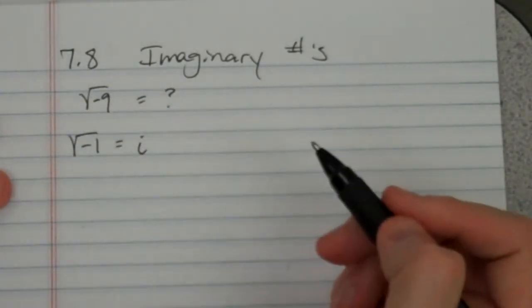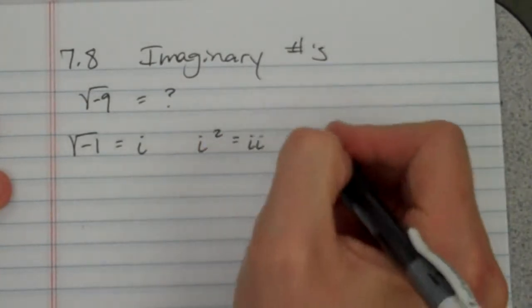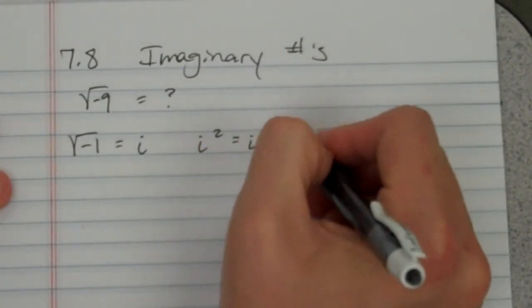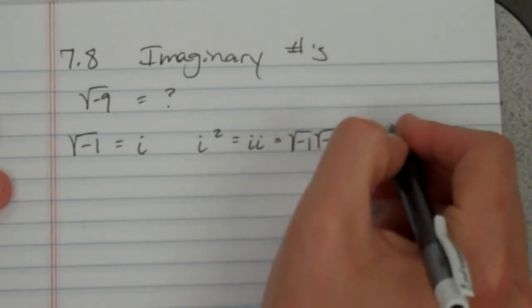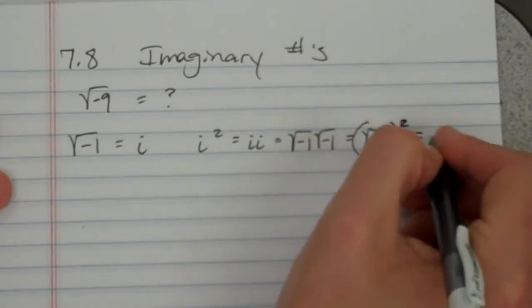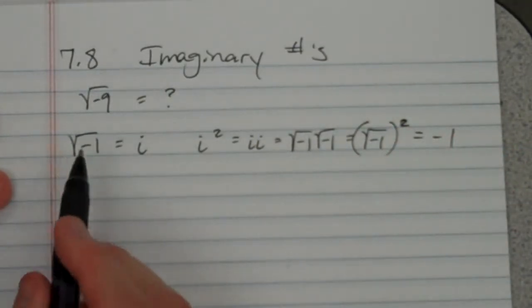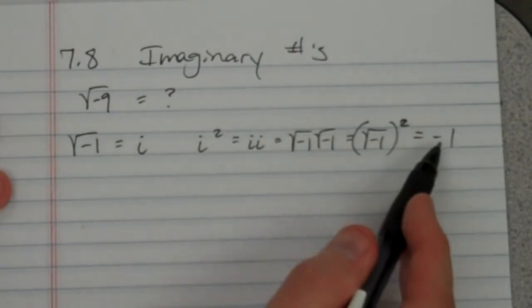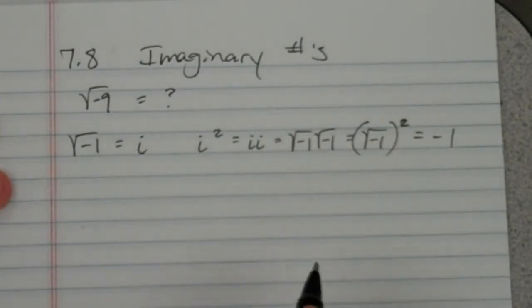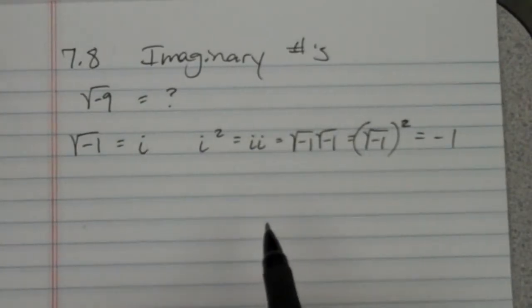So if the square root of negative 1 equals i, then i squared equals i times i, which equals the square root of negative 1 times the square root of negative 1, which equals the square root of negative 1 squared, which equals negative 1. So all that you need to gather from this is that the square root of negative 1 is i, and i squared equals negative 1. So after you get that, there's lots of little things that we can do.